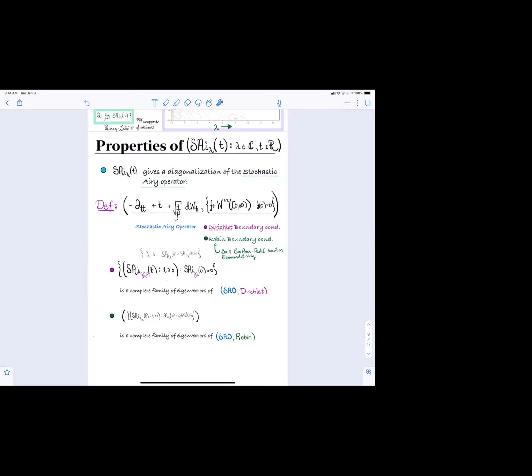And you can make an explicit connection between this SAI lambda t and that operator in the sense that this gives an explicit diagonalization of that operator. The t here you can think of as the parameter over which you're taking derivatives. And so these are eigenvectors in t of that operator.